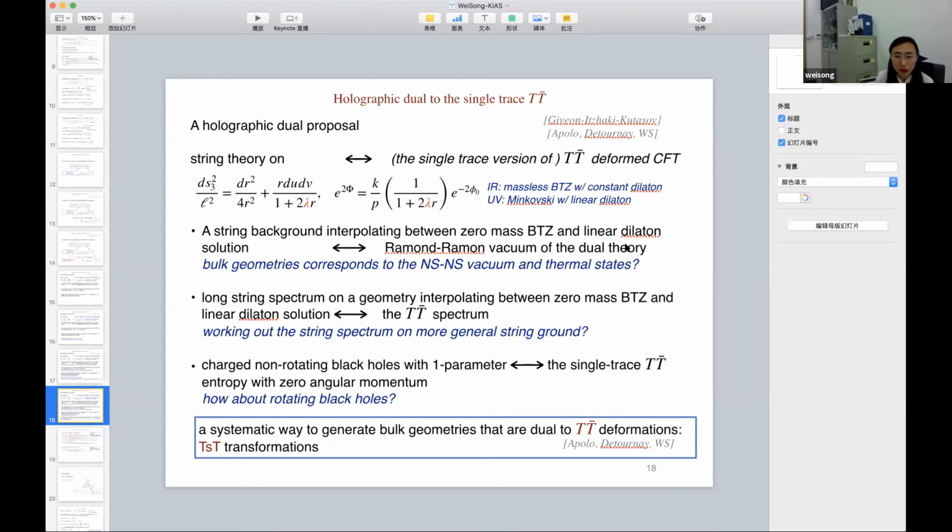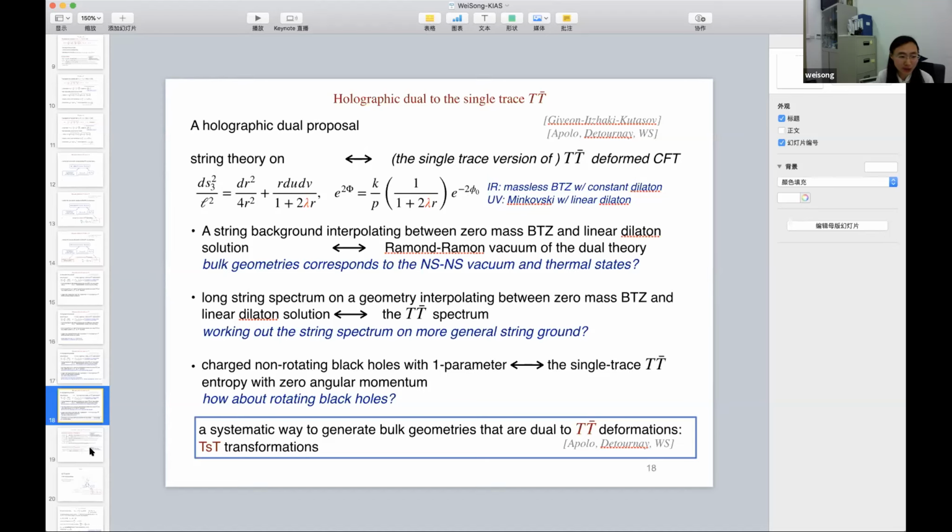Right. In general, supersymmetry is broken. What we more found is that this TTbar deformation can actually be realized by TsT transformations in the bulk.